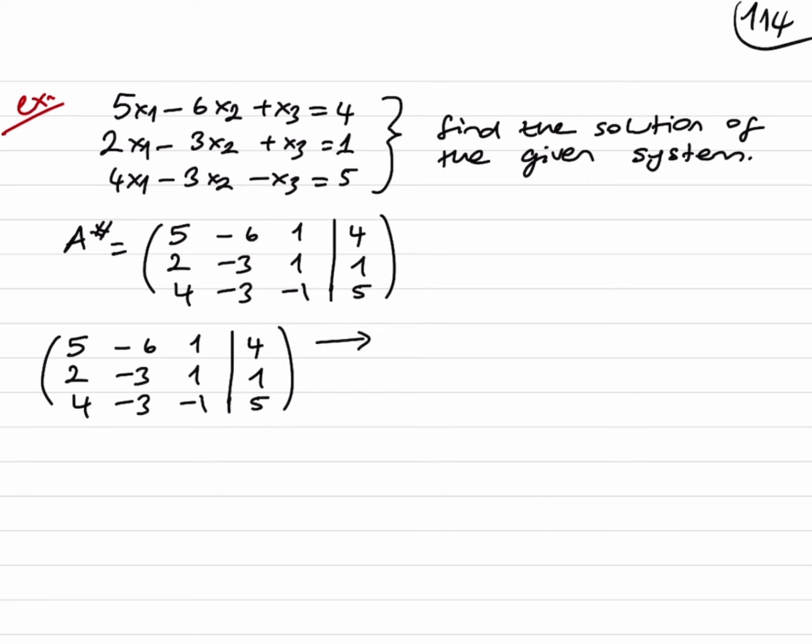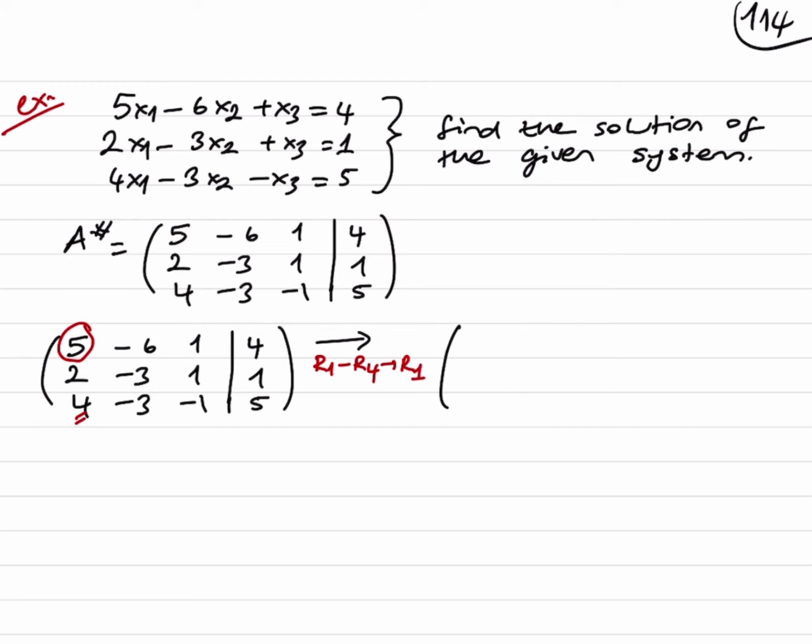Okay, what we are going to do is make this to be 1. How can we do it? I see 4 here. If we subtract R4 from R1, we will get 1 there, right?